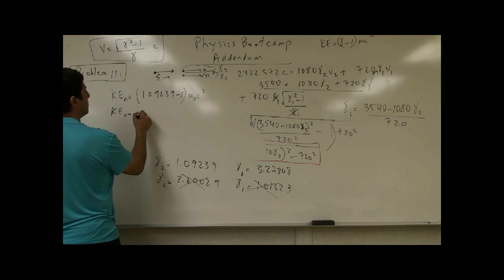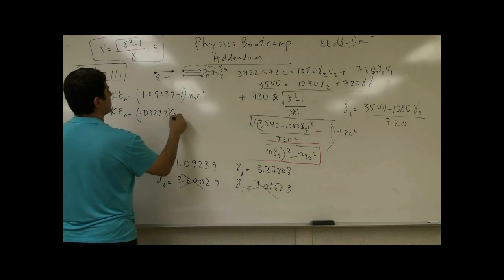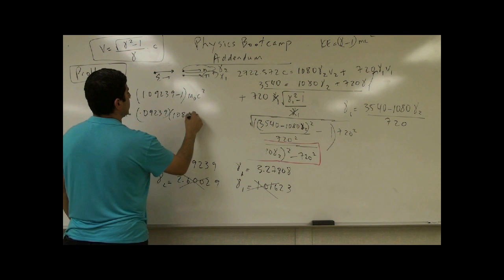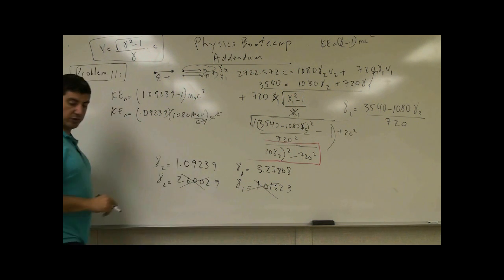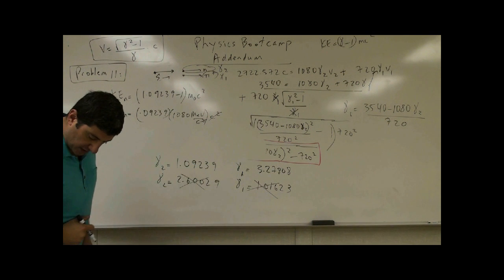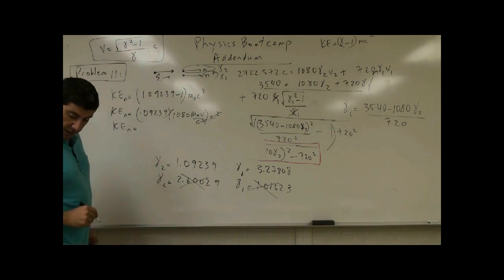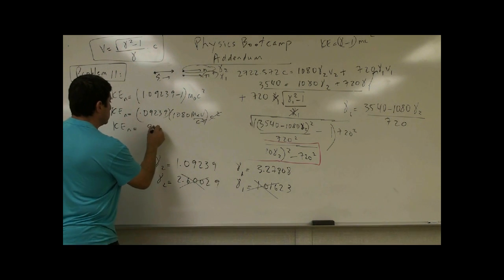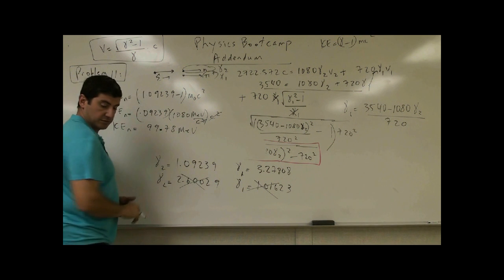Comes out to be 0.09239 times 1080 mega electron volts over c squared times c squared, the c squared cancel. When you do that, the kinetic energy of the neutron comes out to be 99.78 mega electron volts. Okay?